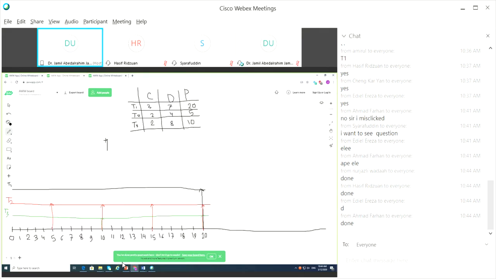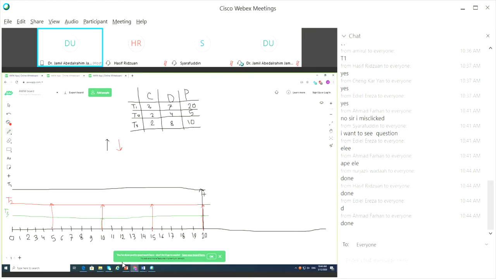For period we represent it in the upper row, and for deadline the lower row. Here is our period for each task.